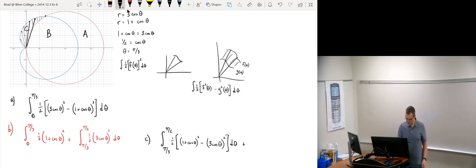That takes care of the right part. On the left, it's not between the curves, it's just going out to the cardioid, so pi over 2, and I think we said all the way out, swings all the way around to pi.